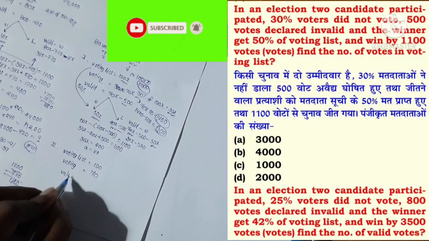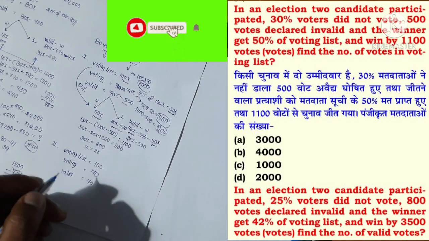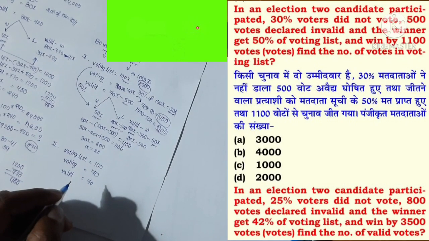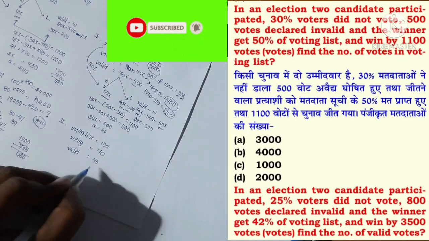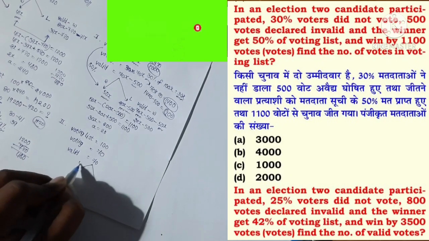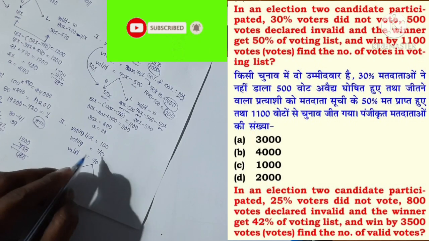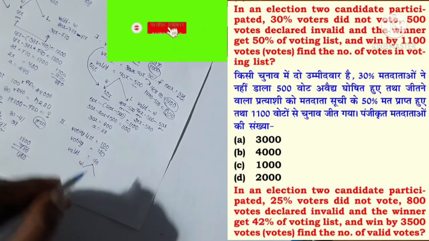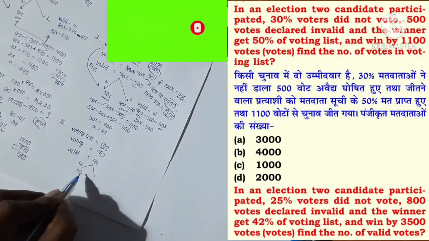So valid is taken as 70, ignoring the invalid votes, which is 500. The winner will get 50% of the voting list. The voting list is 100, so 50% of 100 is 50. The winner will get 50.